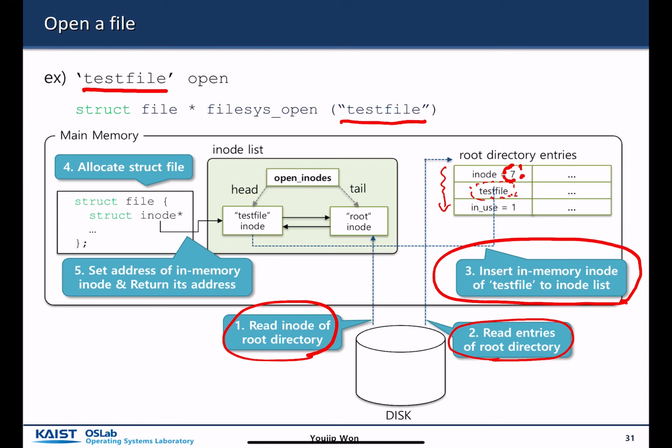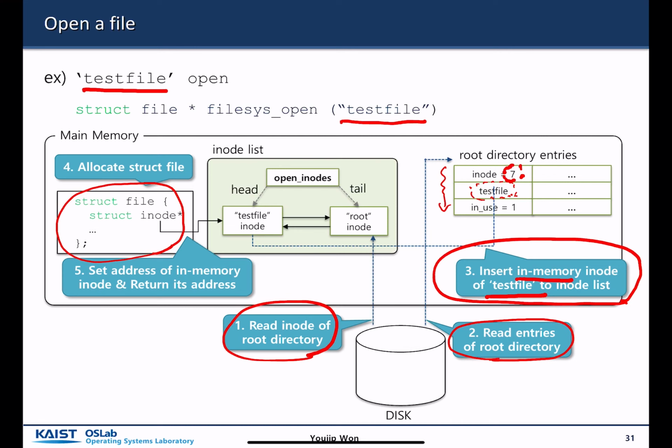And then, as a next step, you allocate a struct file data structure. Every time you open a file, you have to allocate a struct file data structure, set the address of the in-memory inode, and return its address. Of course, it is possible that the inode for test file already exists in the in-memory inodes.